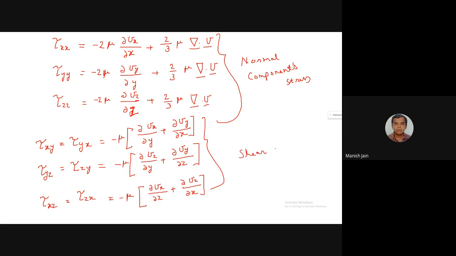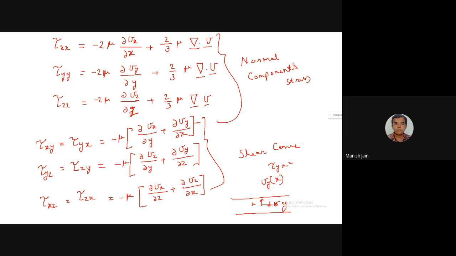Okay. Now, suppose you are solving the problem where fluid is flowing between two plates and your velocity is in the y direction only, and this is the x direction. So you have the velocity Vy which depends upon x. Then you have to write tau yx, using this equation.